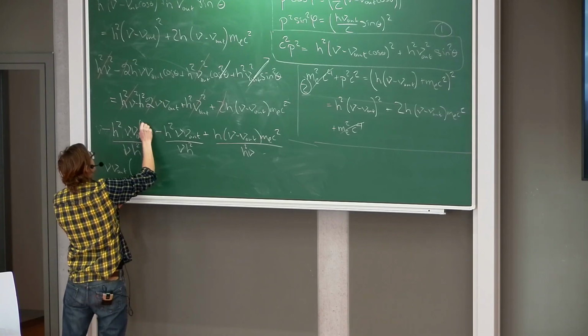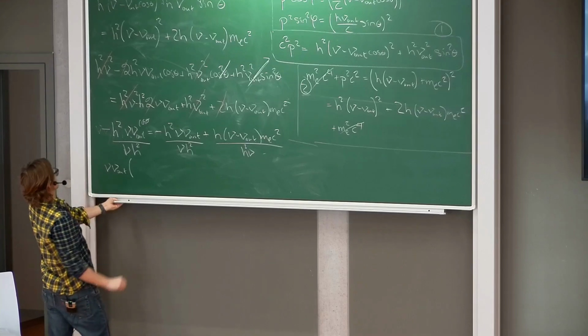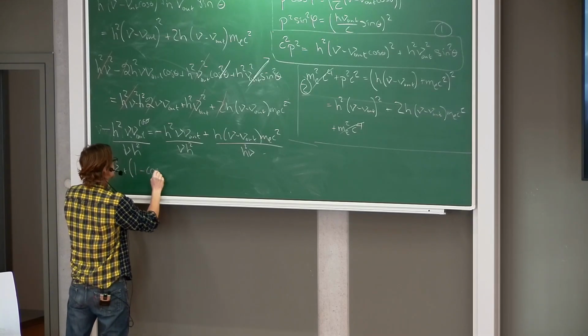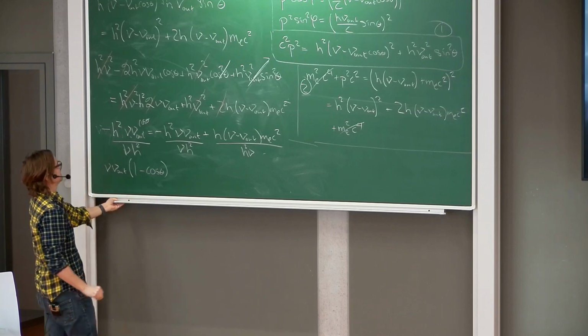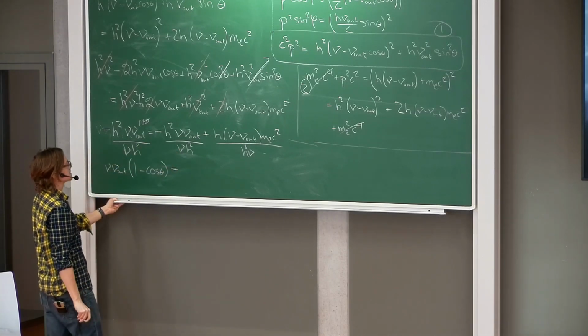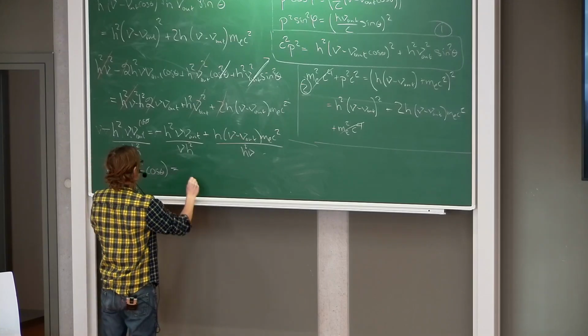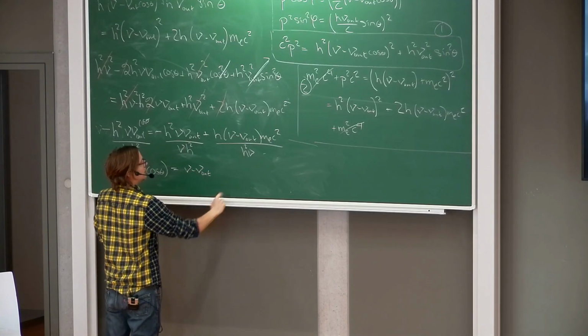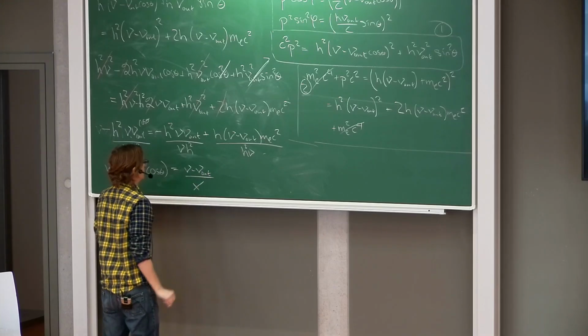From there, the 1 minus cosine of theta equals, these cancel, we have an x there, so it should be nu minus nu out divided by x. Whew.